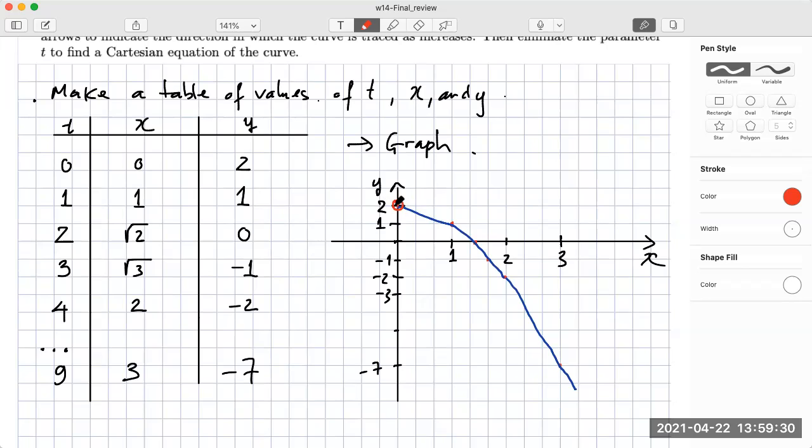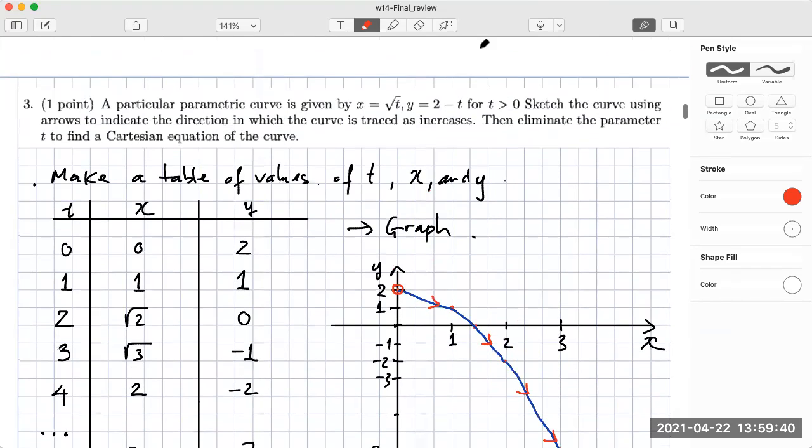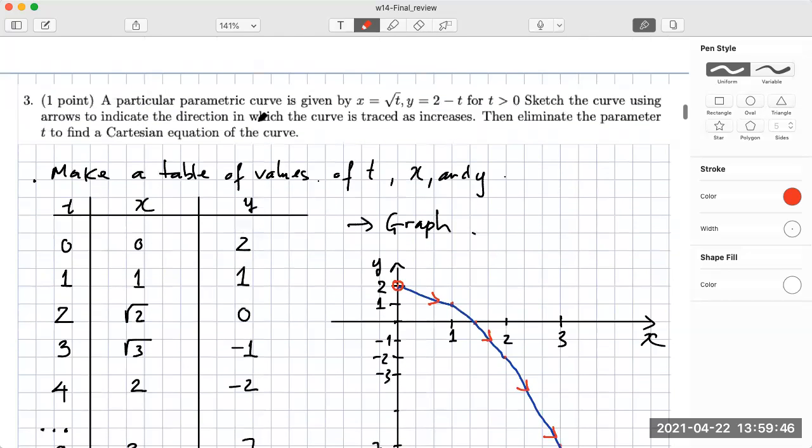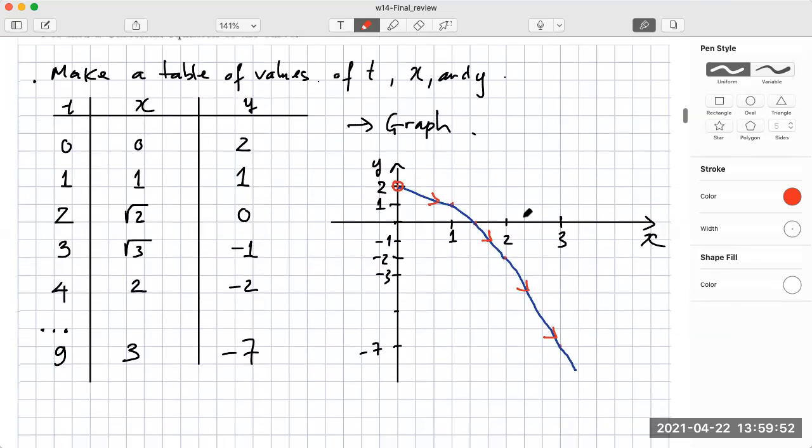We know that when t increases, it will go this way. Therefore, let us indicate this by using this arrow here. And t will continue going up to infinity, so that is why it continues here. That's it, right? That is all about the graph. Is it clear?